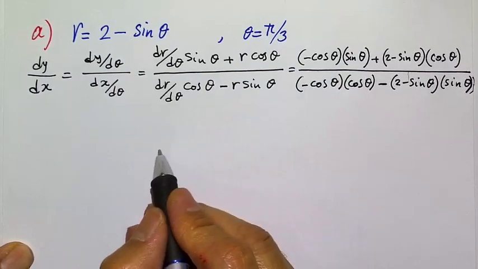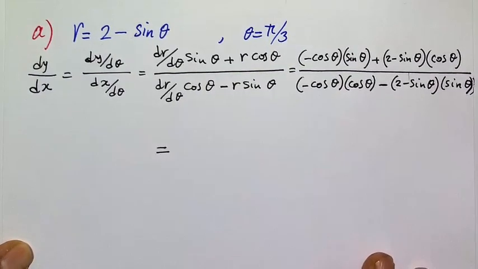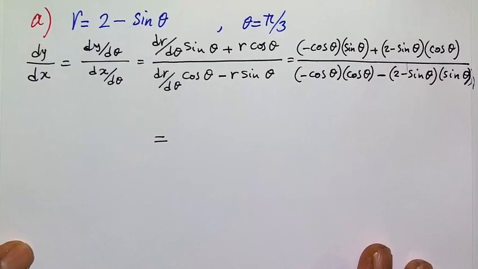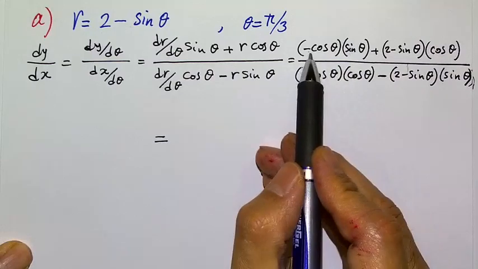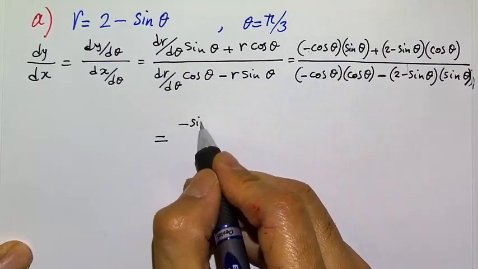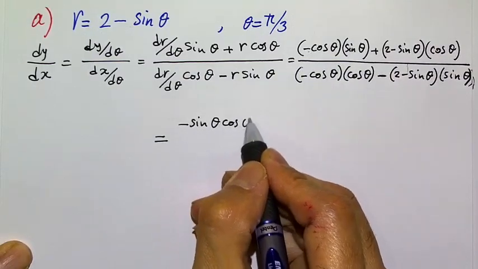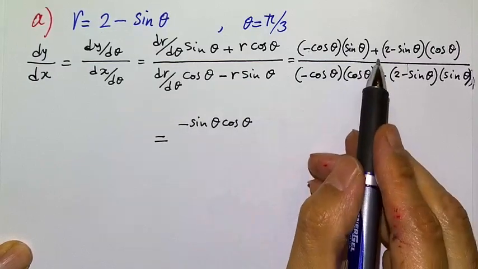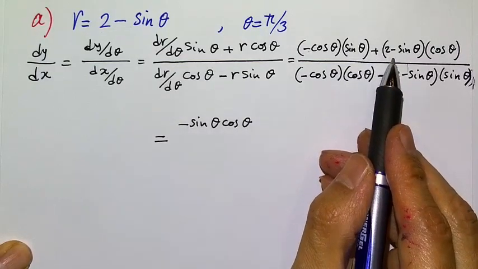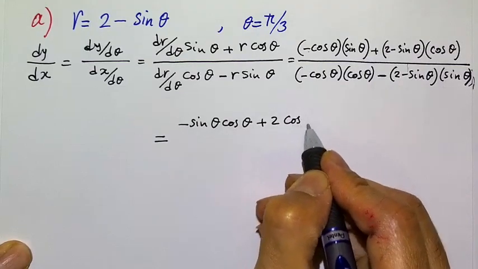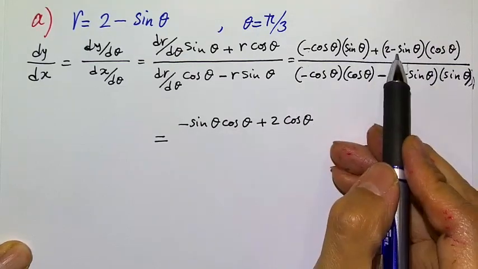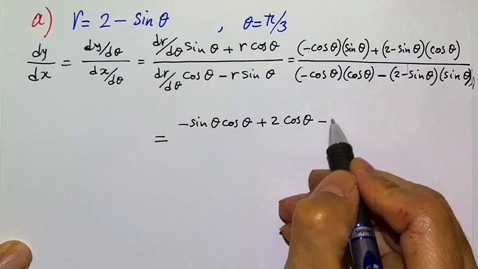So let's do that here. So we have minus sine theta cosine theta, and then plus 2 times cosine theta minus sine theta cosine theta.